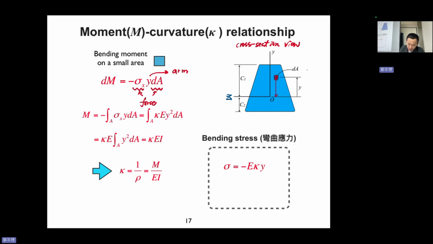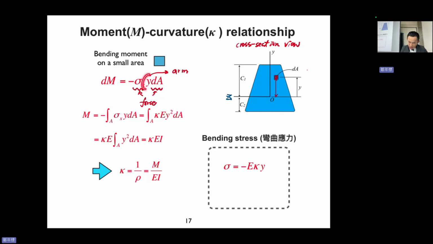Okay? So small bending moment on the small area is minus sigma x y times dA. And you do integration for that. And then you found that, so what is sigma x? Sigma x is kappa E y.